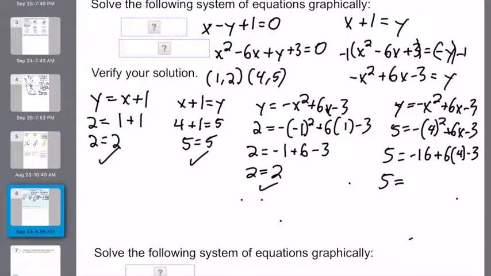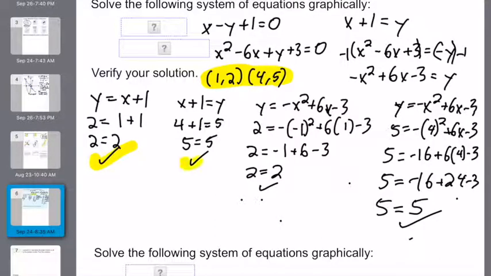We end up with 5 equals negative 16 plus 24 minus 3, which ends up giving us 5 equals negative 16 minus 3, so negative 19. 24 and negative 19 is going to give us 5, so we're good. So we've graphically solved this, giving us these solutions here, and then we've checked to make sure that those are correct by plugging them back into our original equations.